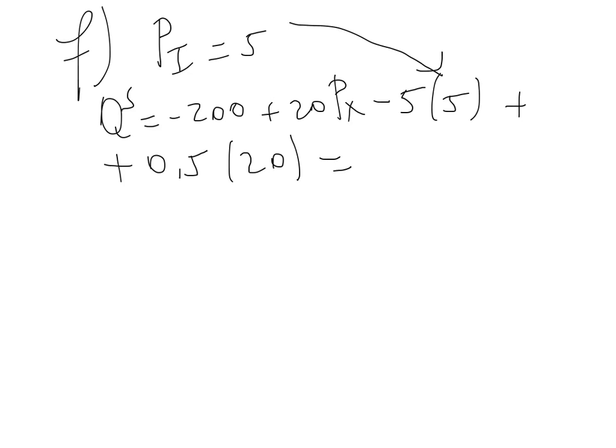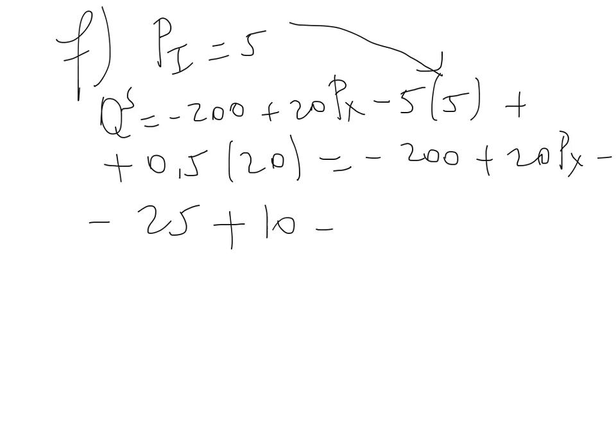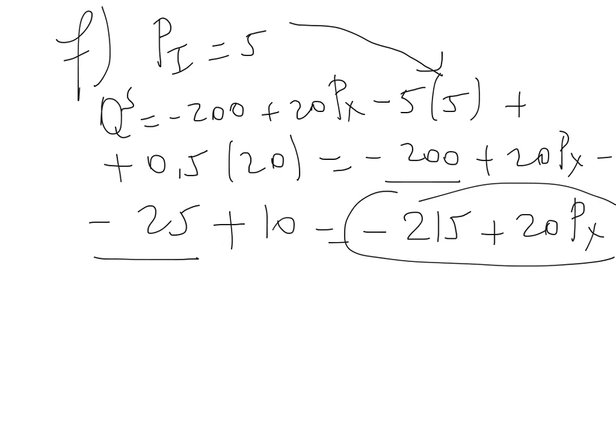So then we work it through. It's going to be minus 200 plus 20 px minus 25 plus 10. So let's see, minus 200 minus 25 plus 10 is minus 215, plus 20 px. That's the new form of the equation.